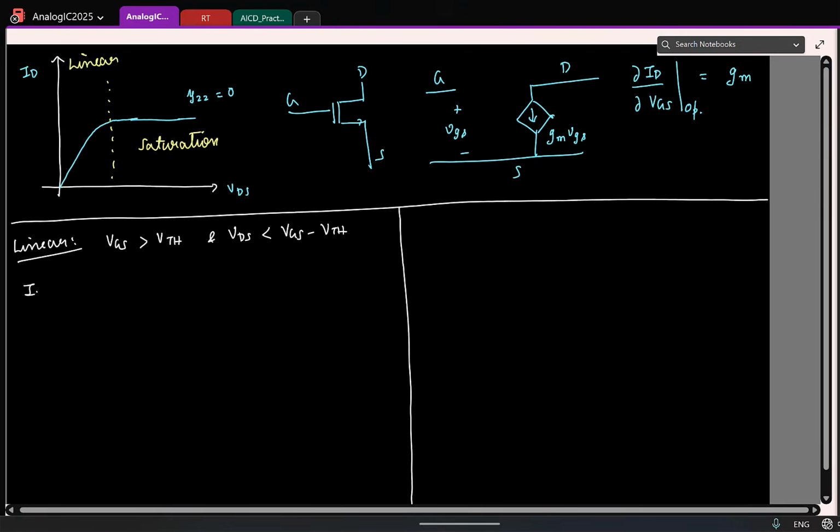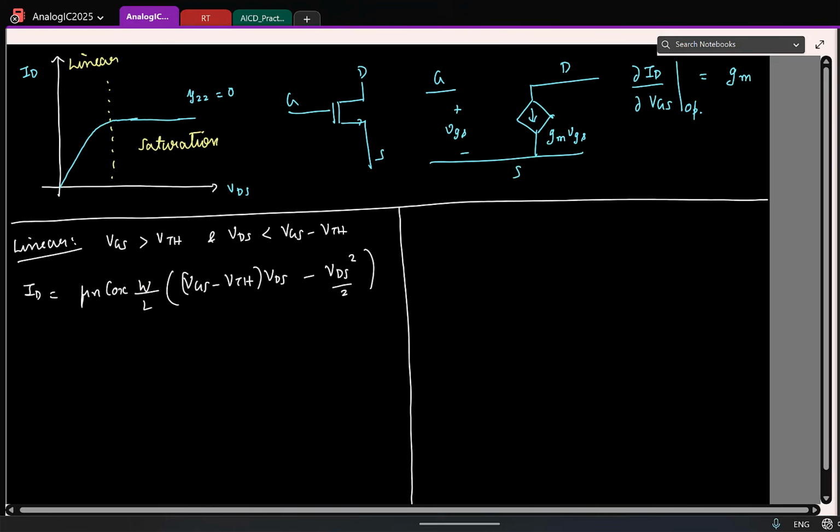And the current expression is mu n Cox W by L times VGS minus VTH times VDS minus VDS square by 2. Here hopefully you know mu n is the mobility of charge carriers, Cox is the capacitance, W is the width, this is the length.